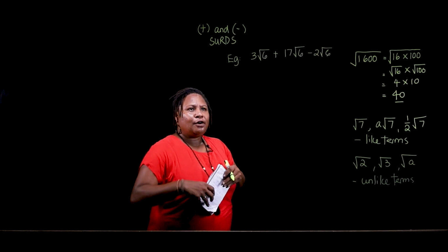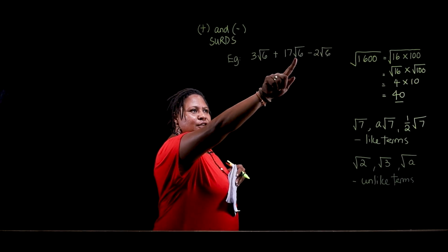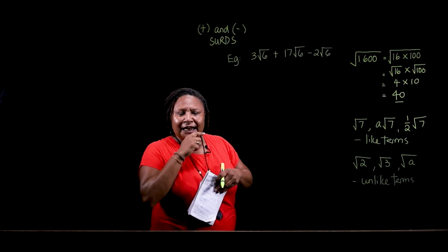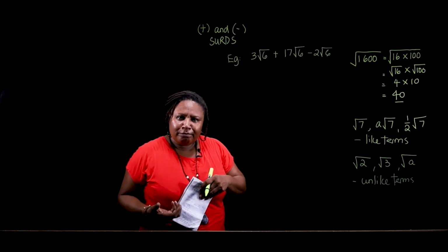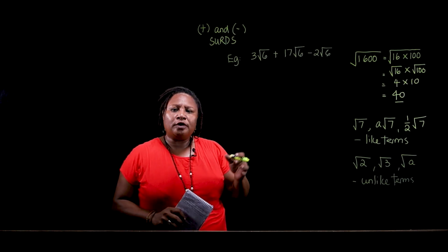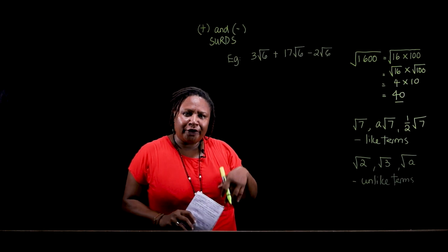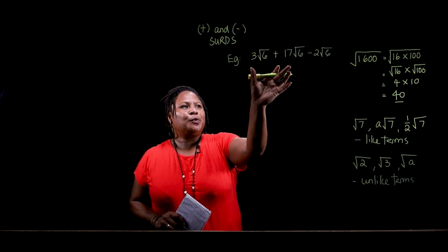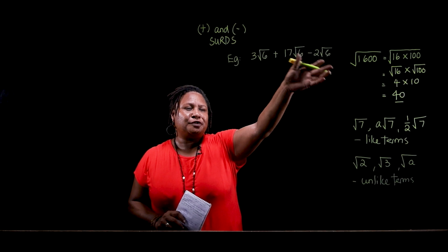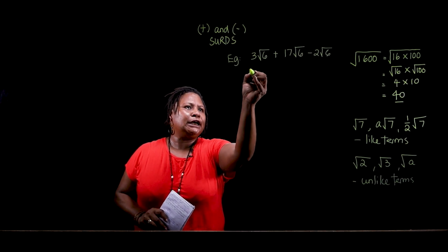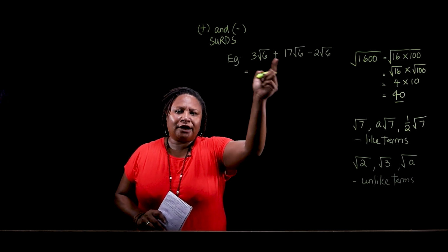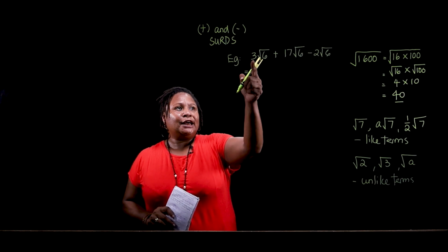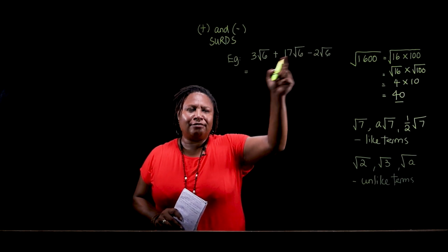Now we have the radical sign with the number 6 under each of them, which makes them like terms. So the rule for adding and subtracting surds is that we add or subtract the coefficient of the radical. The radical remains as it is, and we work with the numbers in front of it.